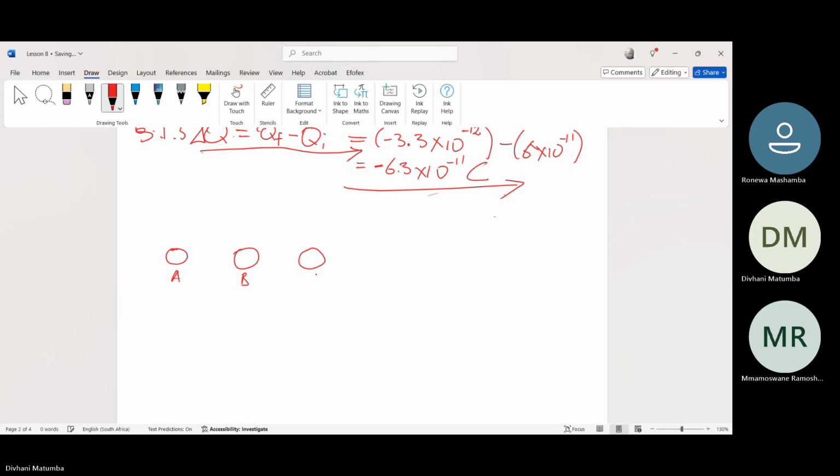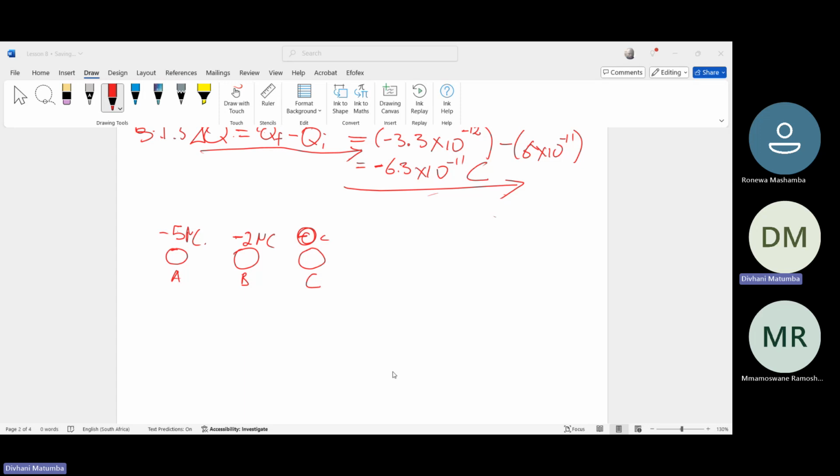A, B, and C. Let's say B is 2 microcoulombs, C is 0 coulombs, it's neutral, and let's say A is minus 5 coulombs.